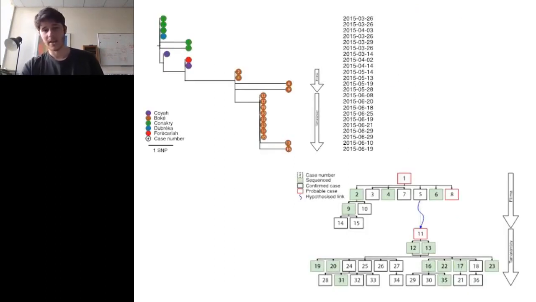So this plot here is an example of how the genome data, the tree in the top left, compares to a more conventional epidemiological picture that you might draw up if you were doing this sort of research by doing interviews and talking to people.